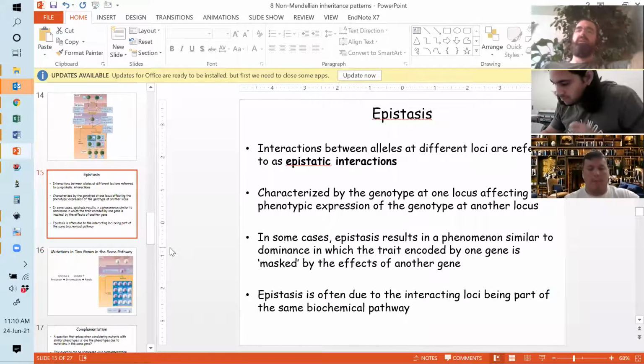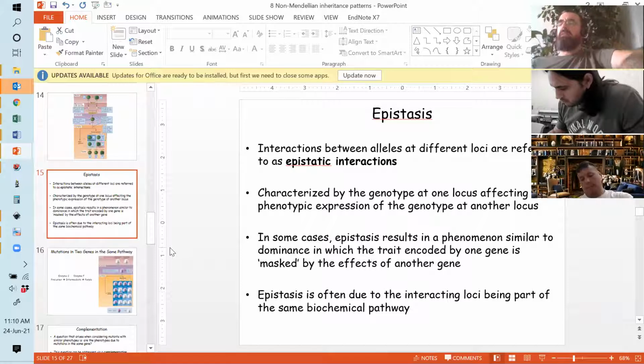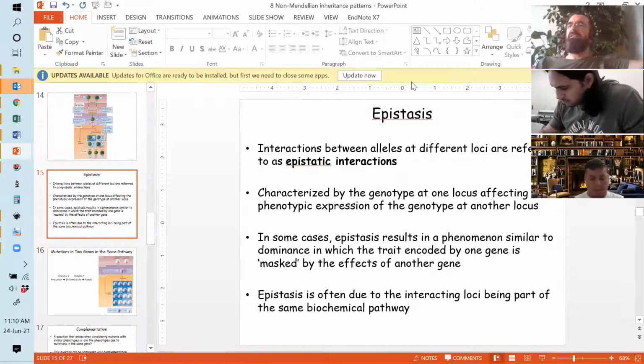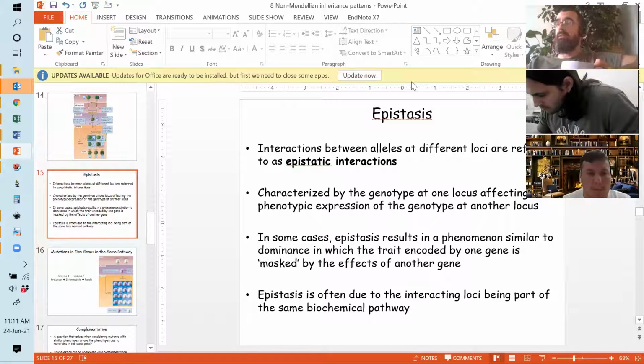So we've always assumed that genes are independent. Not only are they inherited independently, but they act independently. And clearly that's nonsense, because you don't just have a collection of proteins doing their random things on their own.